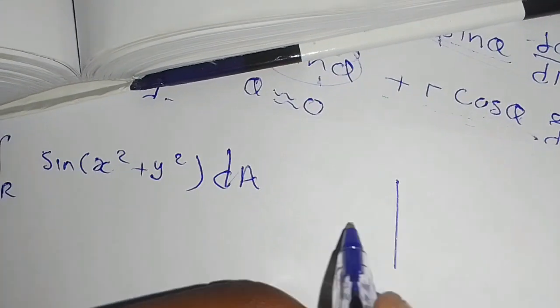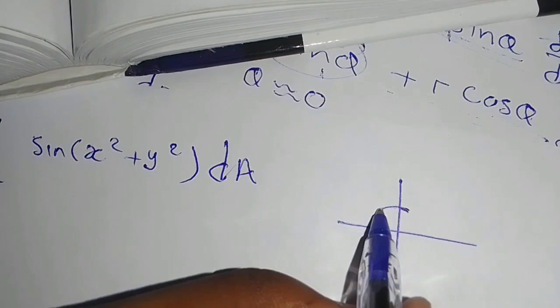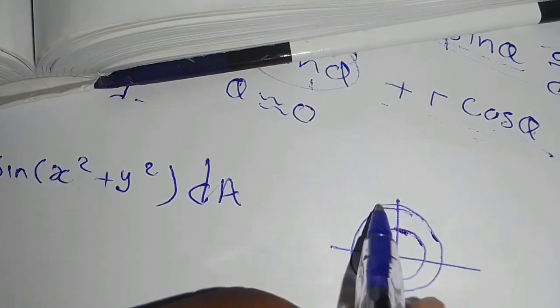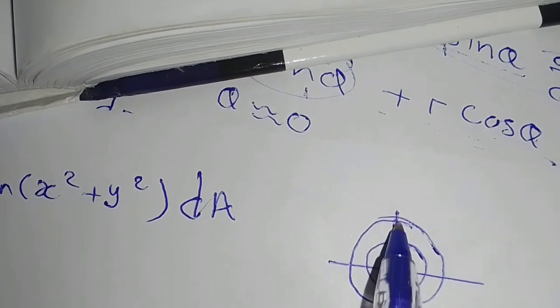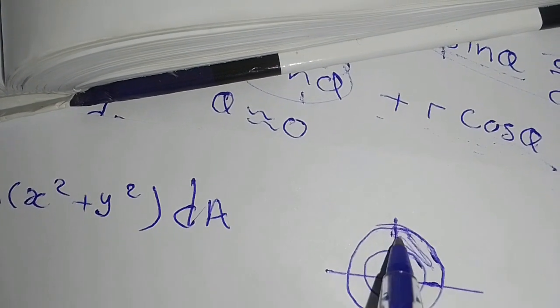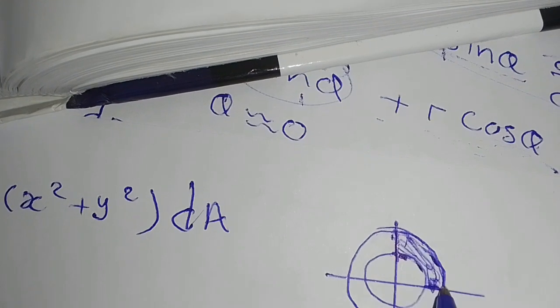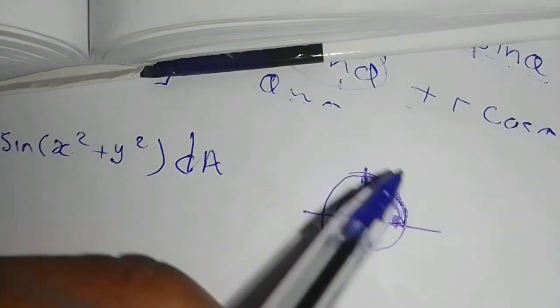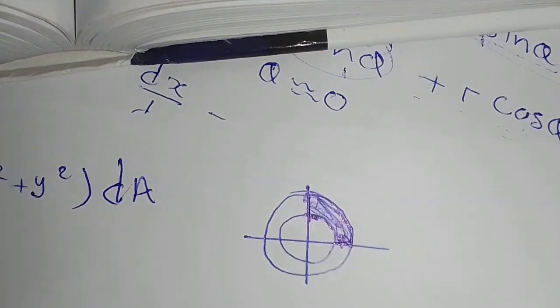So then you have a circle with a radius of 1, and then you have a circle with a radius of 3. But notice that we're only focusing on the first quadrant, meaning that we're focusing only on, let me just shade the region, this part of both circles. So we want to find that.